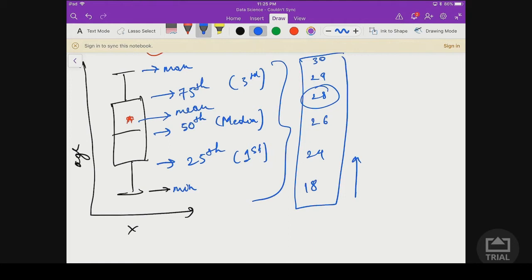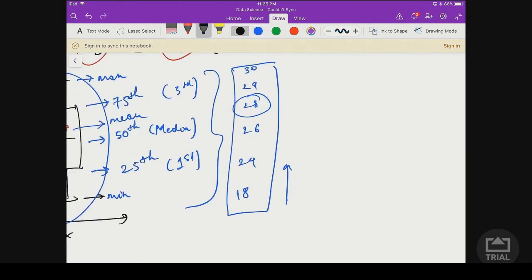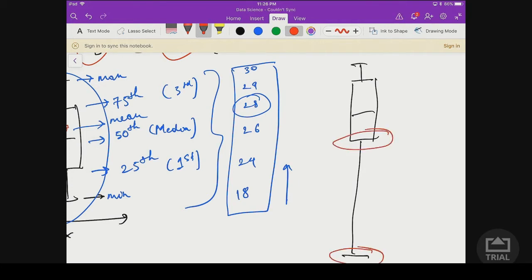Now, this is also the easiest way to understand whether there are outliers. So let's say this box plot presented over here is a fairly straightforward one. And then let's say we have a structure which looks like this. We can see that there's a huge gap between the minimum and the 25th percentile.